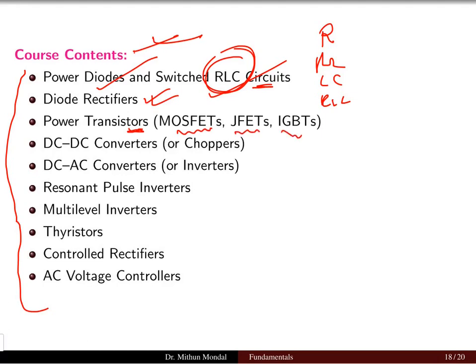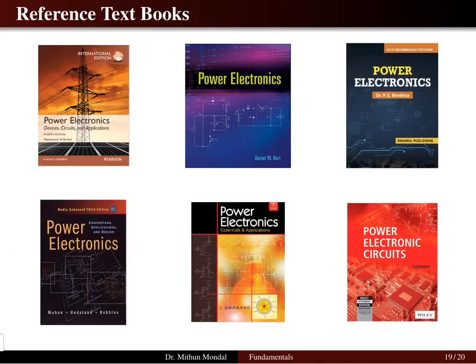We'll discuss the DC to DC converters, the choppers, the DC to AC converters known as inverters, resonant pulse inverters, the multi-level inverters, and the thyristors. How do you control the power of a rectifier using thyristors, AC voltage controllers, and so on. So the power electronics syllabus is quite vast. We will discuss all this in detail.